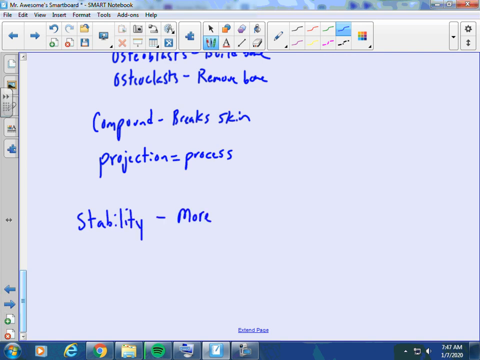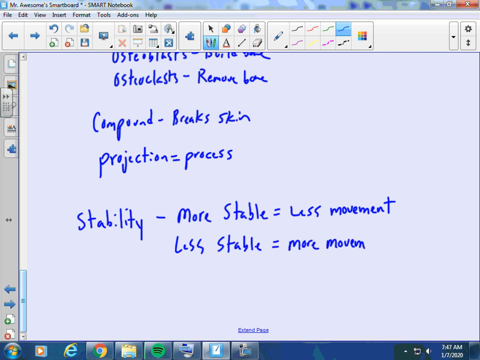And I mentioned it's kind of an inverse relationship. The more stable it is, probably less movement available, and vice versa. Less stable it is, there's probably more movement. Which makes sense because if you have a lot of tissue holding something in place, strong structure, it's probably going to be harder to move it around. All right, so that wraps up chapter six exam review, and that's it.